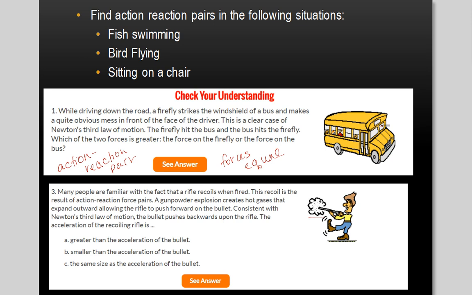Force is equal. Mass is different. Therefore, acceleration different. The firefly basically has all his particles become a goopy mess, whereas the bus is like unaffected completely.